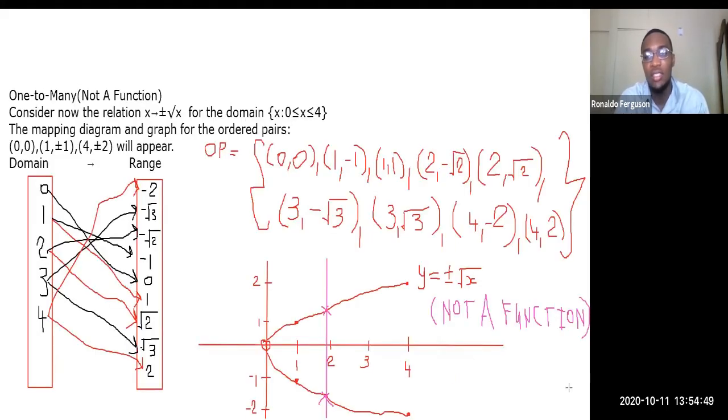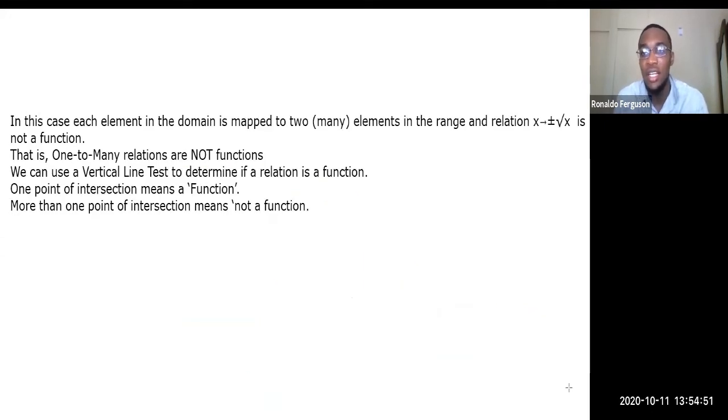So now that we've looked at what a relation is, and we define a relation as a mapping from one variable to another that obeys a particular rule. We've also looked at the definition of a function, and that a function is a special type of relation where each element in the domain is only mapped once.